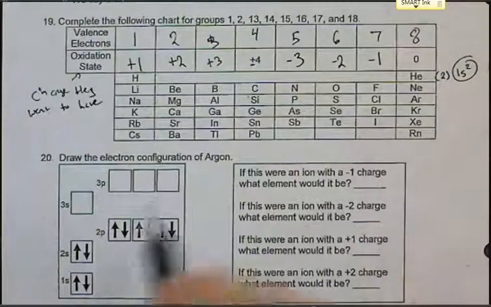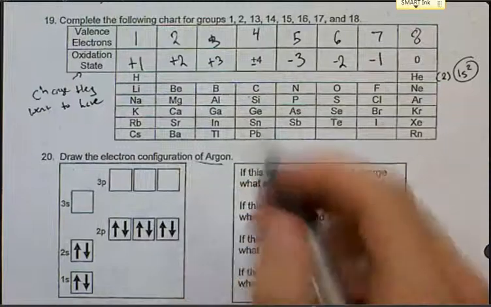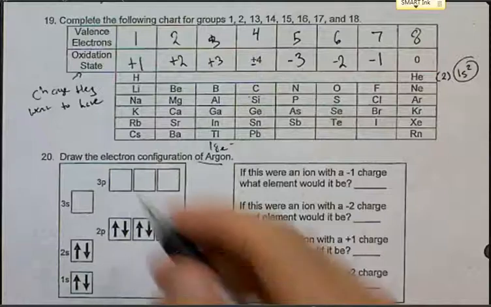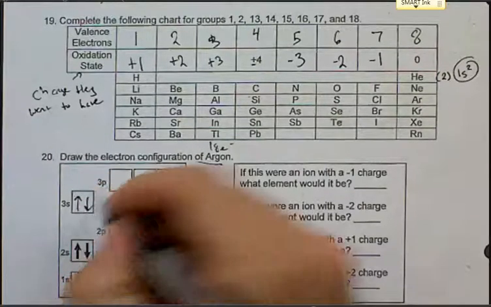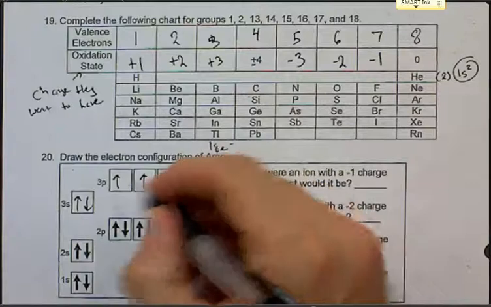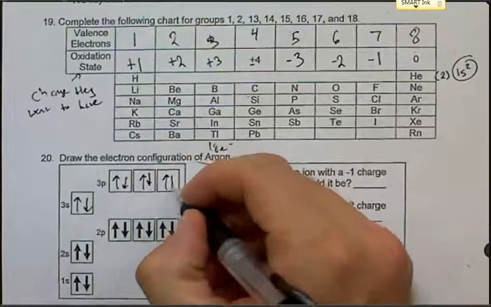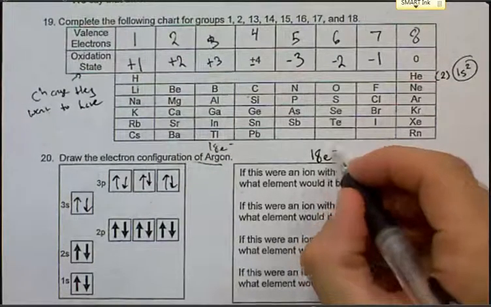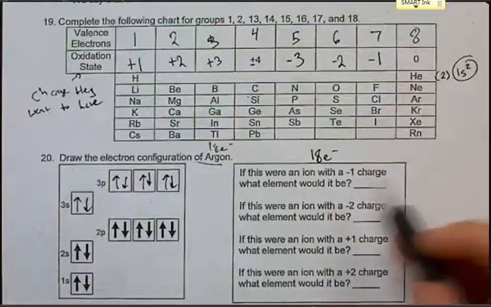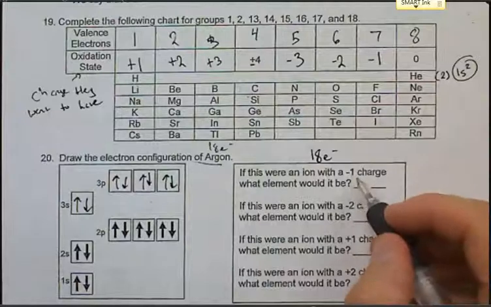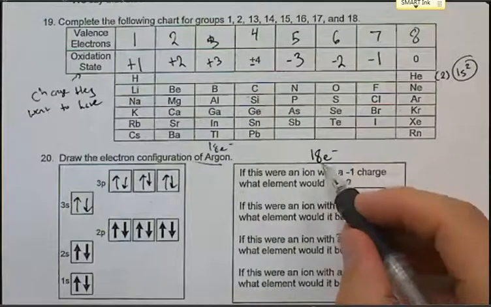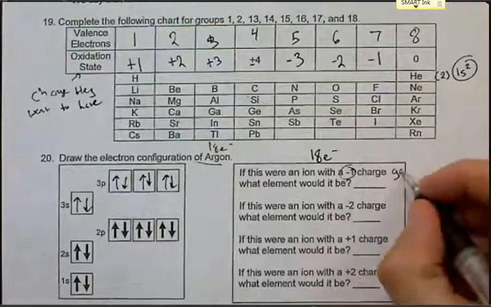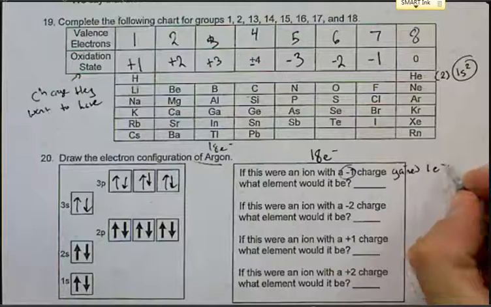So, last little bit. The electron configuration of argon here. Argon has 18 electrons. We've already got 2, 4, 6, 8, 10 here. So here's 11, 12, 13, 14, 15, 16, 17, 18. Now here's what we need to consider. We've got 18 electrons. If this is an ion with a -1 charge, that means to get to 18 electrons, it has already gained 1 electron.